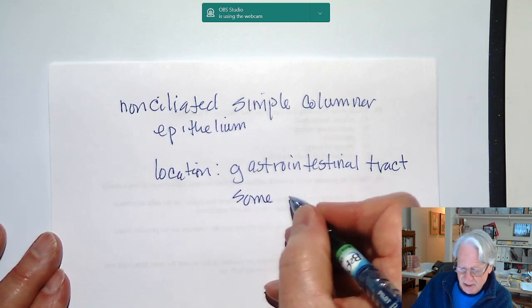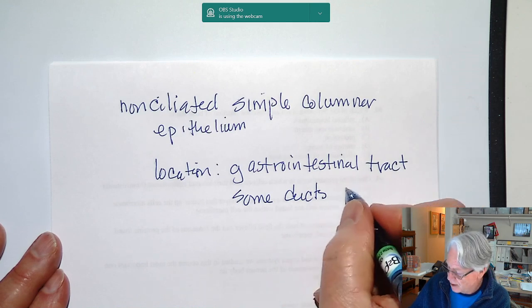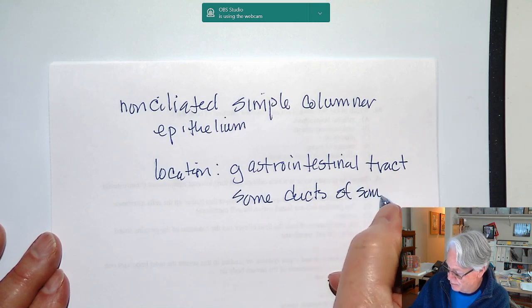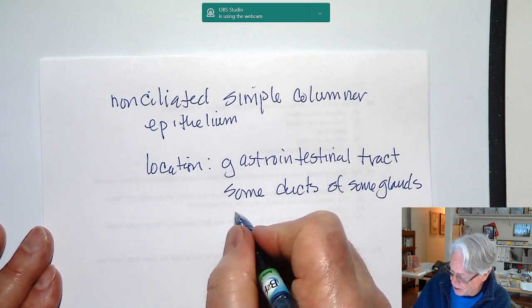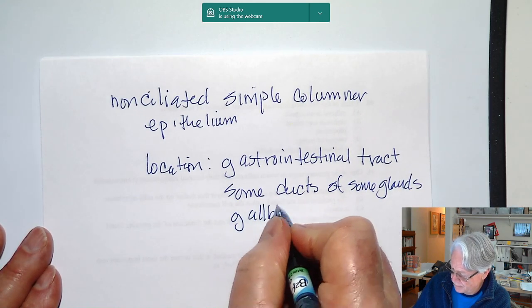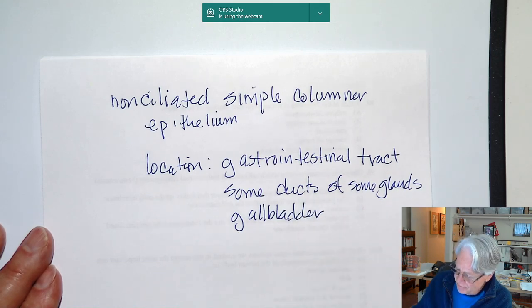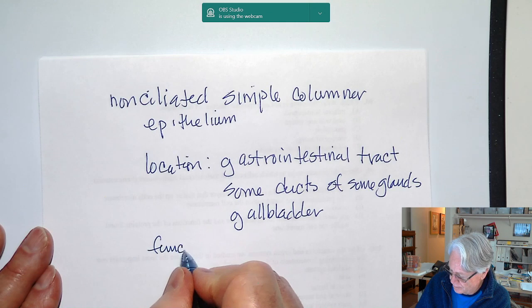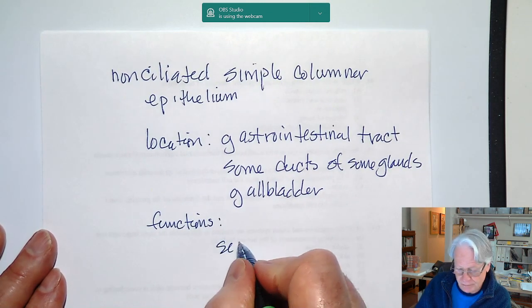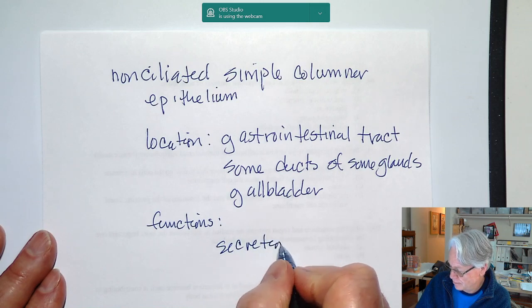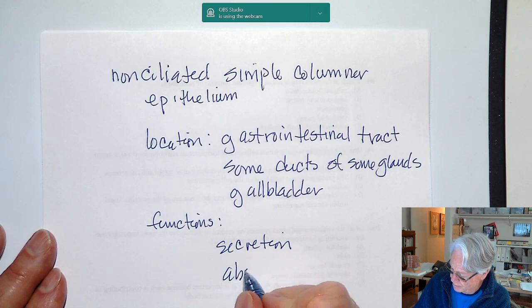Some ducts of some glands, in the gallbladder. Functions: secretion, and absorption.